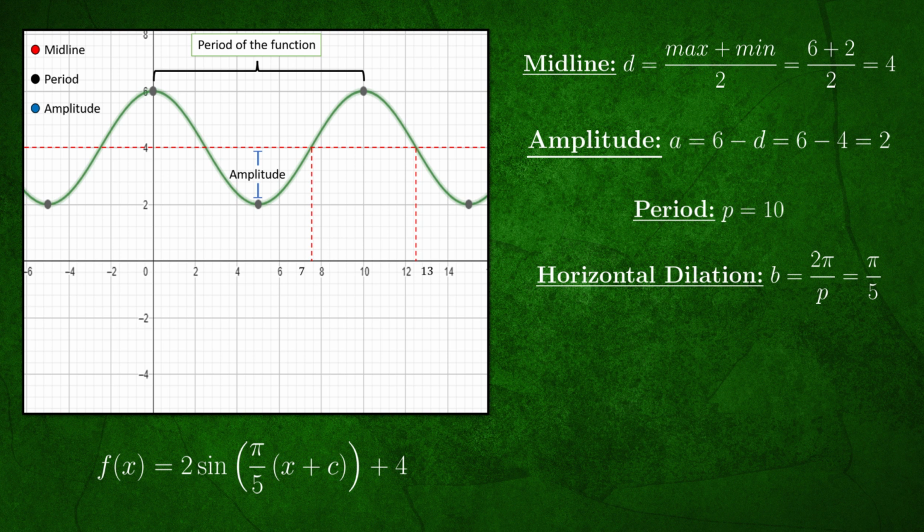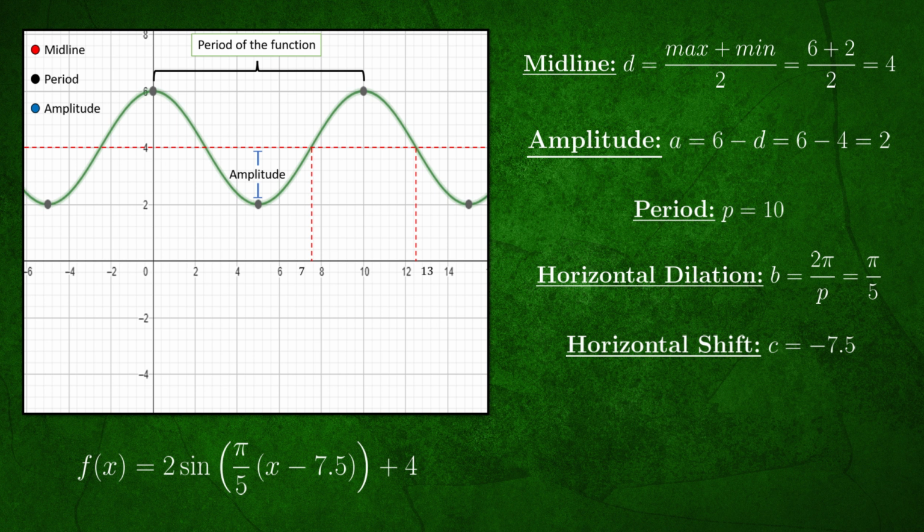Thus, c must be equal to minus 7.5 because c represents the horizontal translation. Therefore, the form of this sinusoidal function must be f of x equals 2 times sine of pi over 5 times x minus 7.5, plus 4.